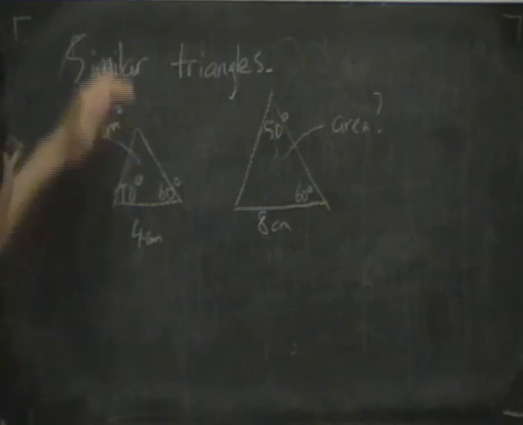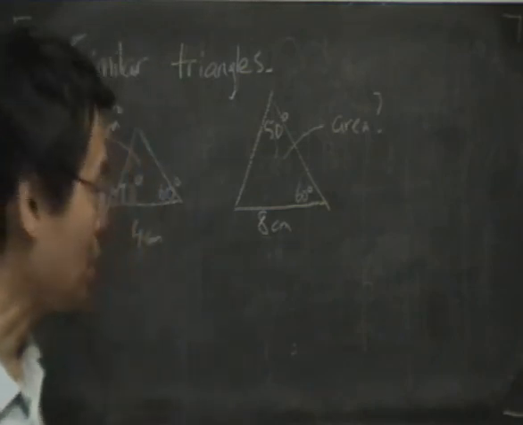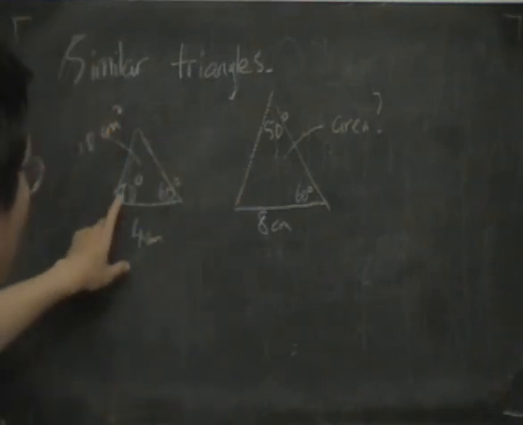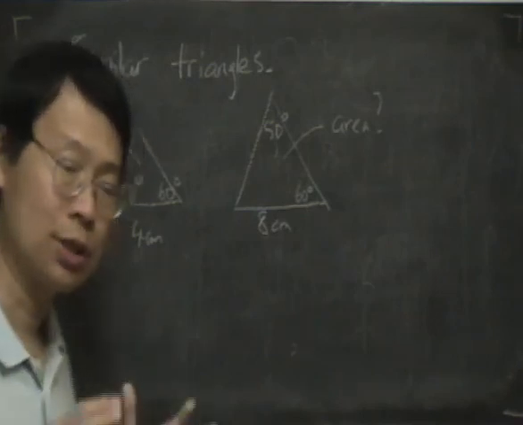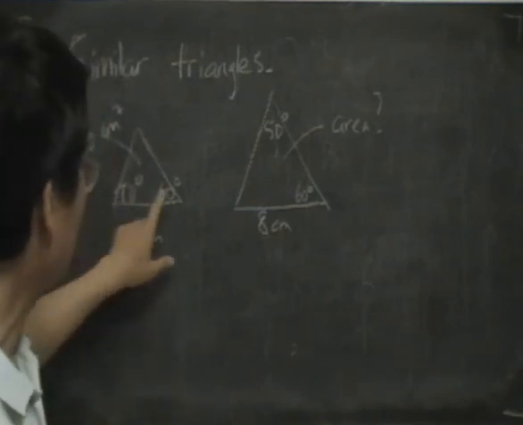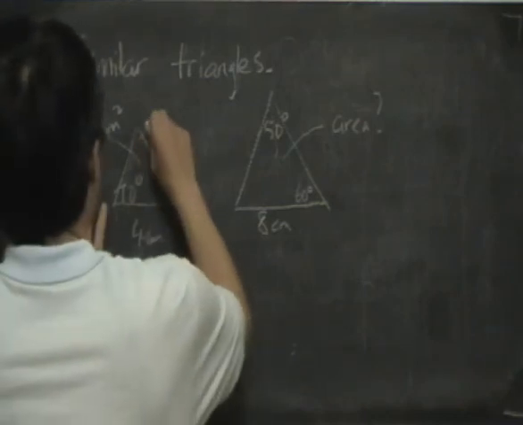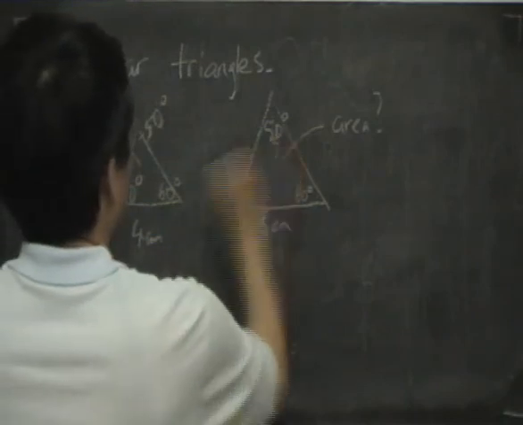Since we are talking about similar triangles, let's check whether they are similar. We are given two of the angles, so we can find the third one. Just take 180 degrees minus those two, and that will give 50 degrees, which is the same as that.